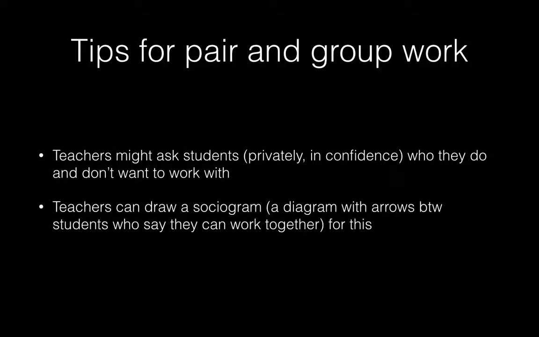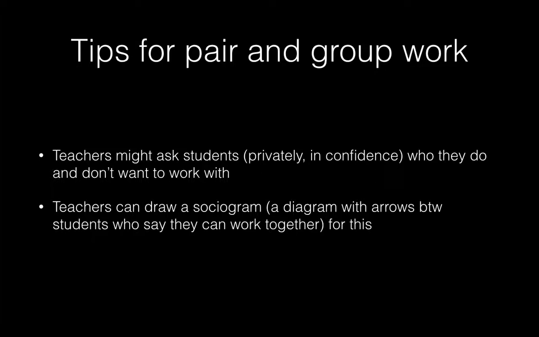Teachers might ask students, privately and in confidence, who they do and don't want to work with. As a teacher, one way of doing it indirectly, in order to get rid of this kind of problem, is to have private chats with students in a discreet way, whereby you collect that kind of information.